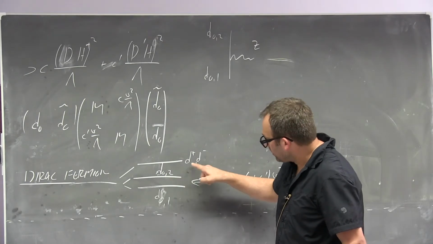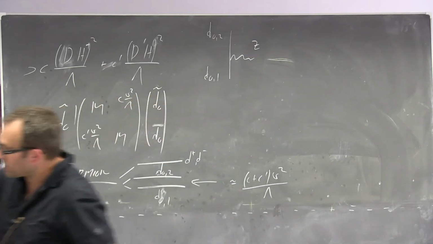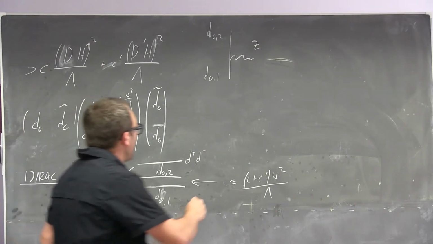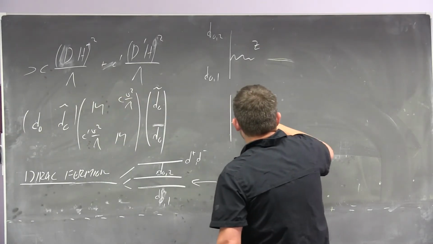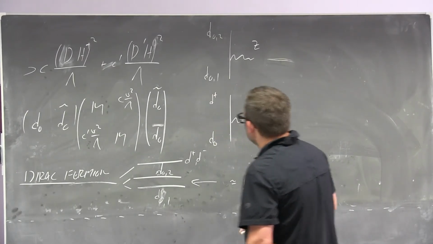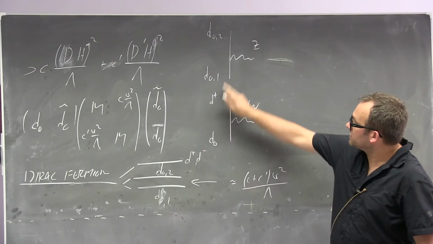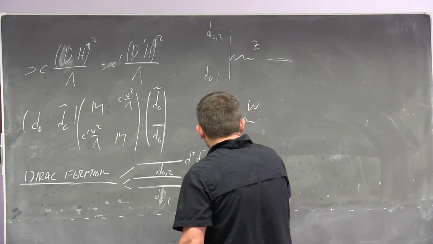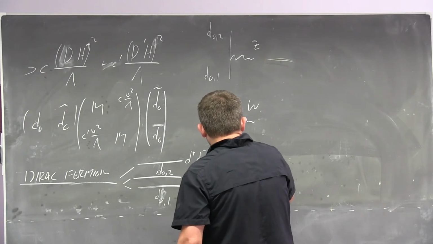There are still interactions, so this transforms under SU2. SU2 means we certainly have interactions of the type W, D plus, and D0, or some combination of D01 and D02, so let's just write this as 1 and 2, some combination of that.